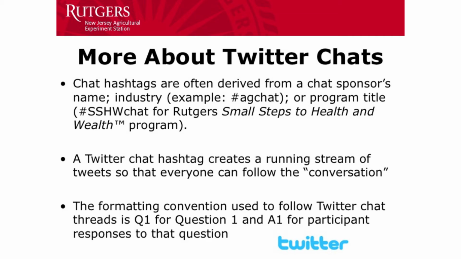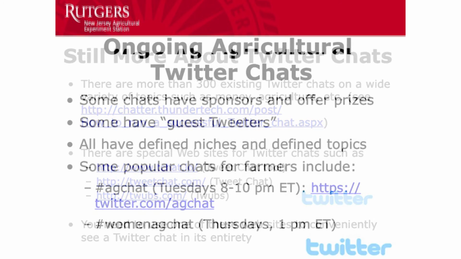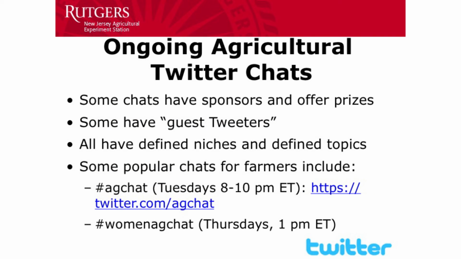There's more than 300 Twitter chats out there, and there are different platforms that you can use for them. Some of them have guest tweeters, some of them have prizes. The two related to agriculture that are probably the most frequently used are Ag Chat and Women Ag Chat. So there are Twitter chats that people can follow for agriculture.